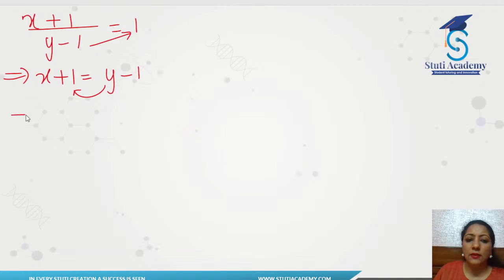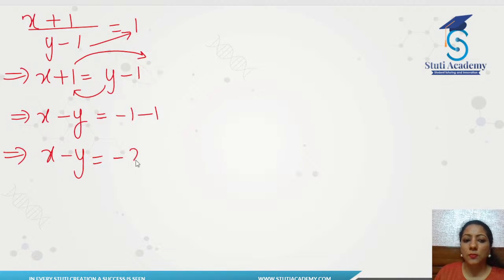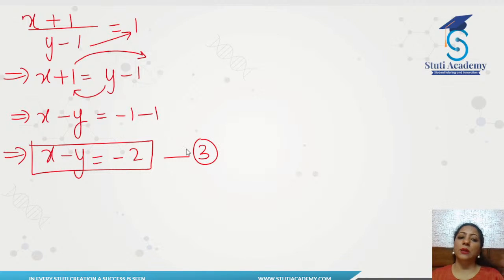Now y we can take here. That will become x minus y. And 1 we can take on the right hand side. We will get minus 1 minus 1. So we'll actually get here x minus y is equal to minus 2. That is the third equation. So in place of the first one, we'll be using now the third equation.